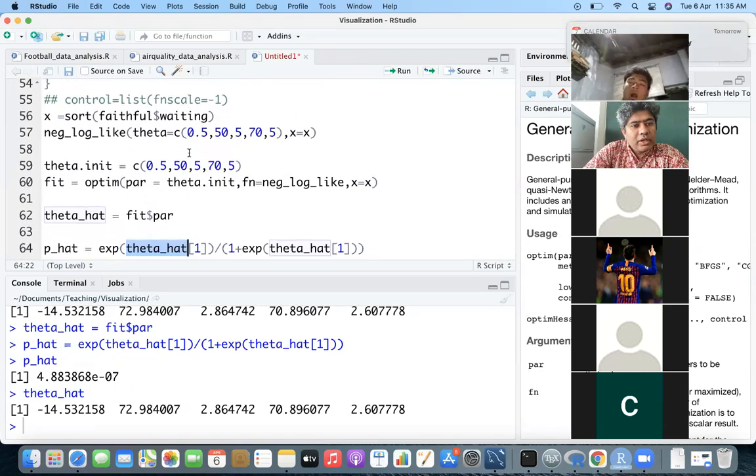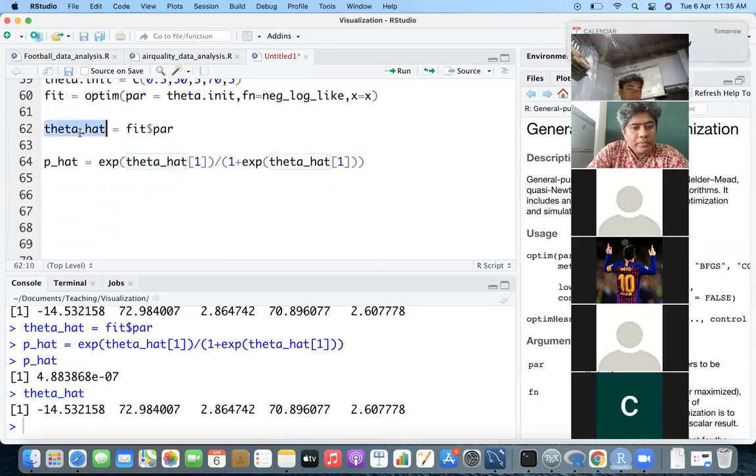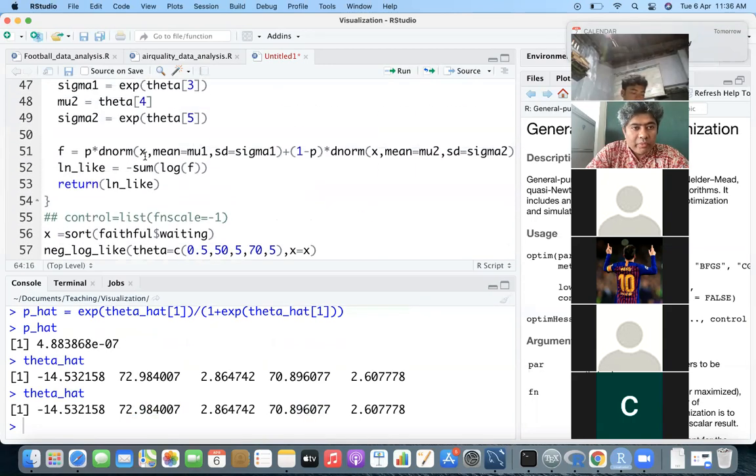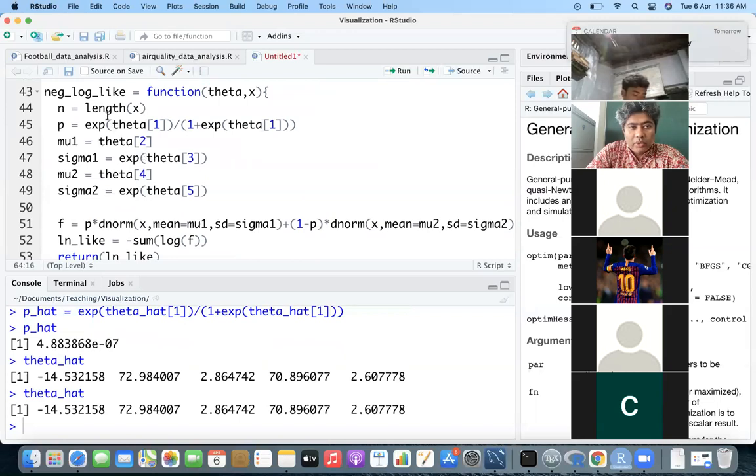Let me see what the other parameters are doing. The other parameters are also not very well estimated, because mu1 is 72, mu2 is 70. So this transformation is actually not doing pretty well. The transformation is actually destroying things in this particular optimization subroutine.